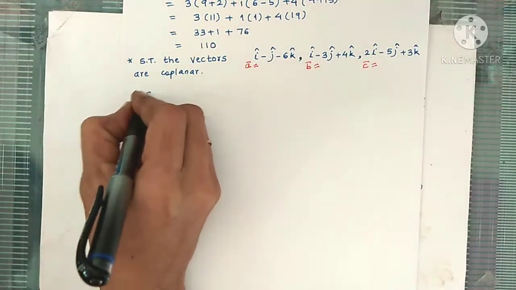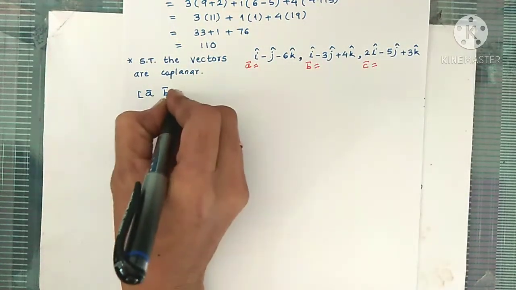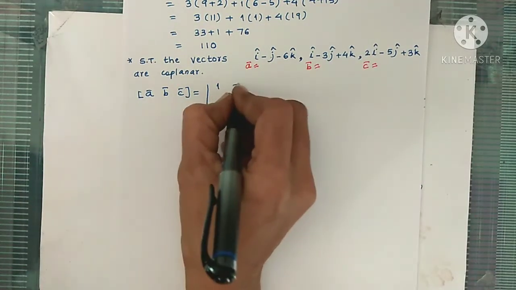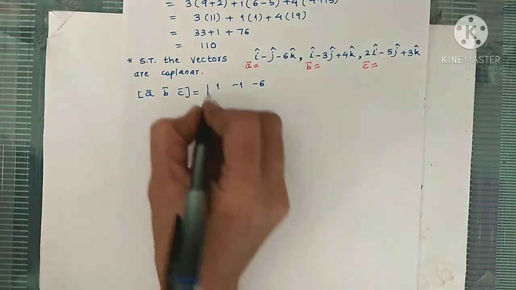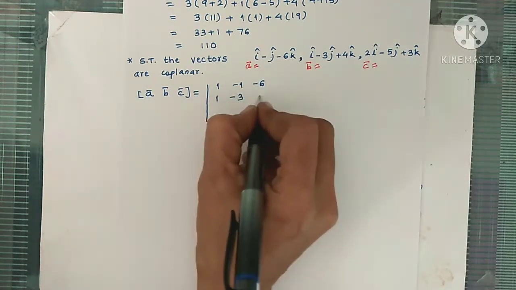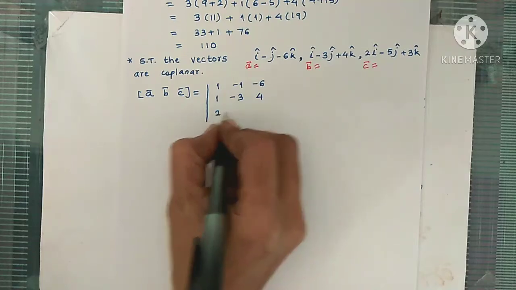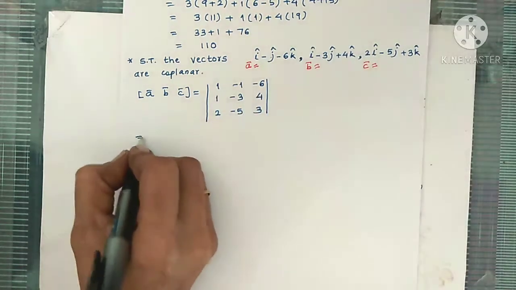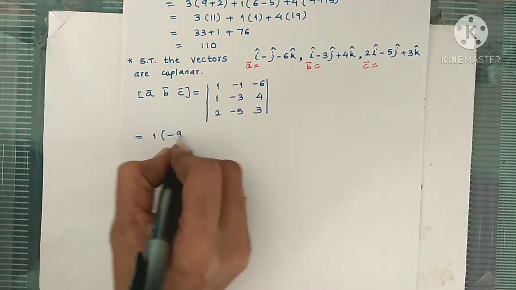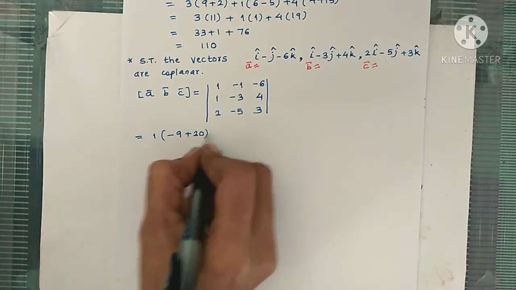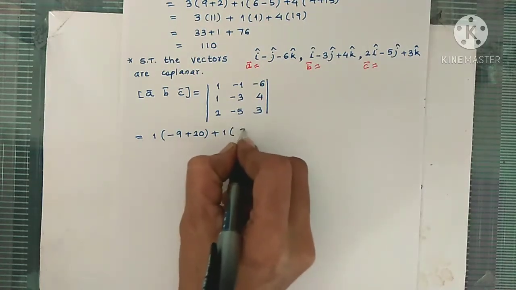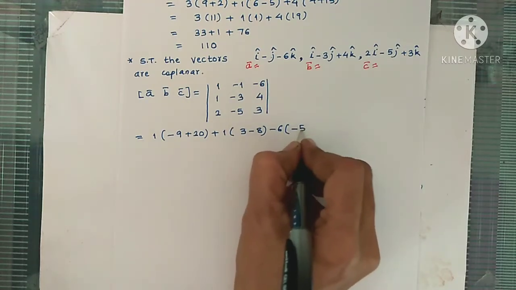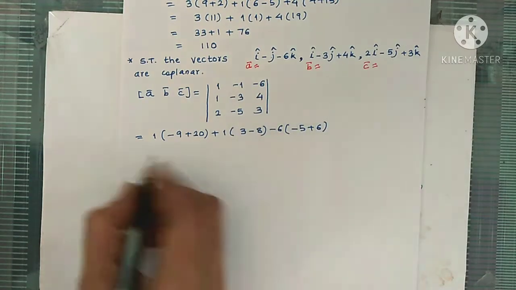So the scalar triple product of A bar, B bar, C bar is equal to the determinant 1 minus 1 minus 6, 1 minus 3 4, 2 minus 5 3. Now let's expand the determinant. So it is 1 into (minus 9 plus 20), then plus 1 into (3 minus 8), minus 6 into (minus 5 plus 6).